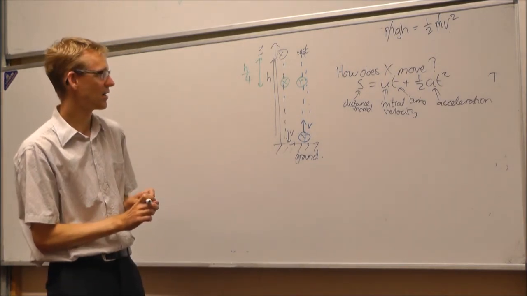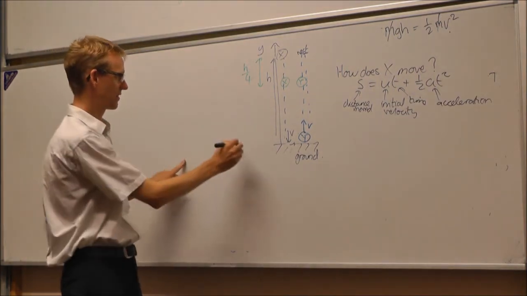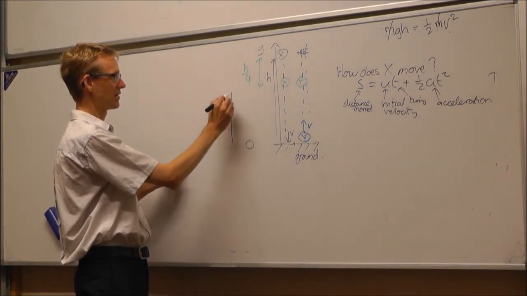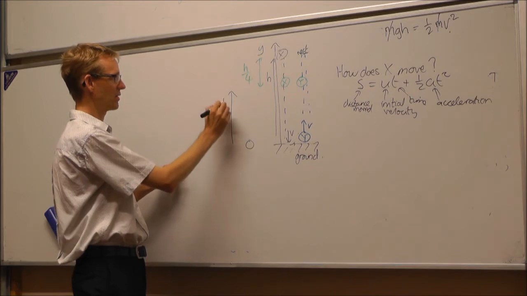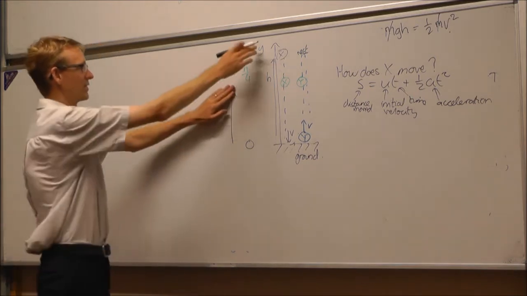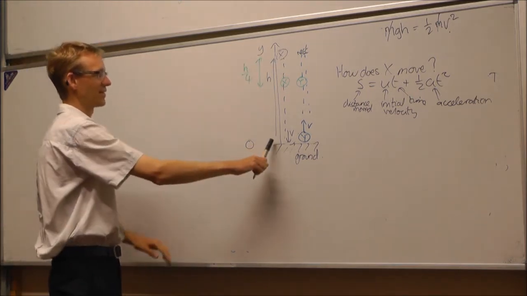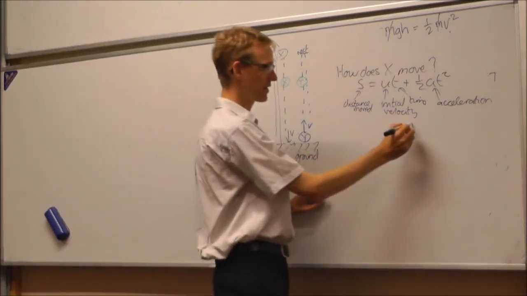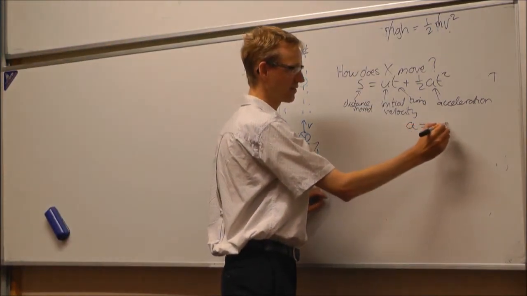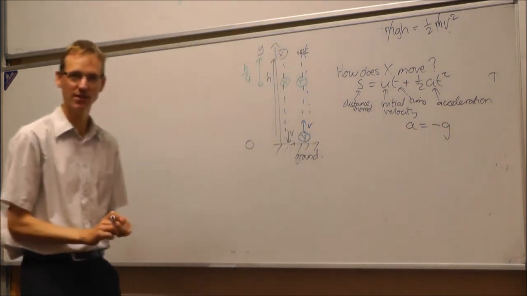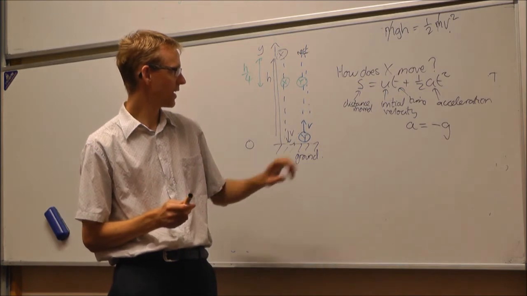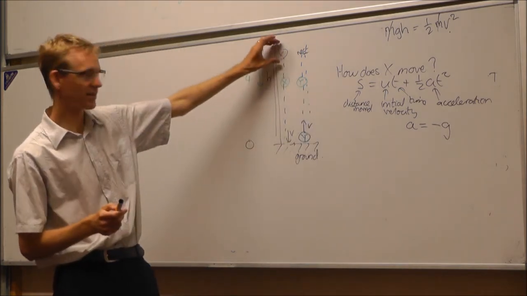So I shall define that as 0, and my distance, let's call it y. I've already done it there. So distance going up like that, which means that my acceleration is going to be minus g, and distance moved by ball X is going to be negative.